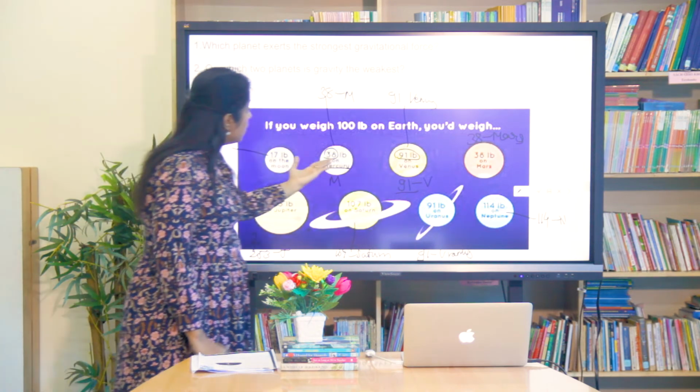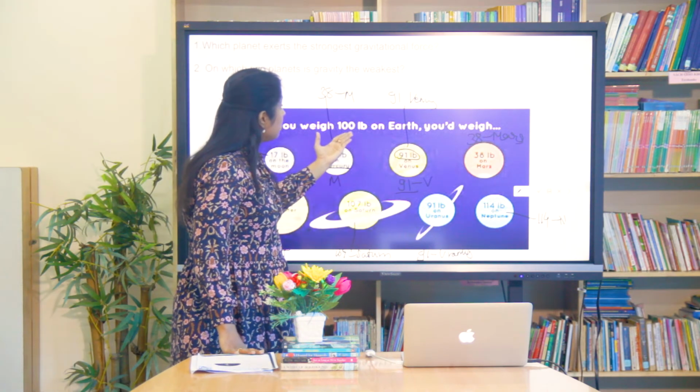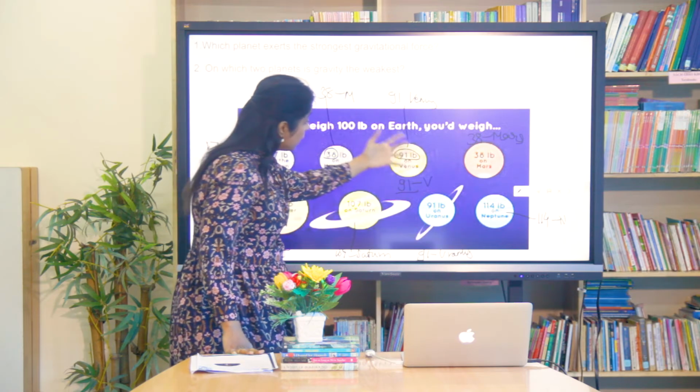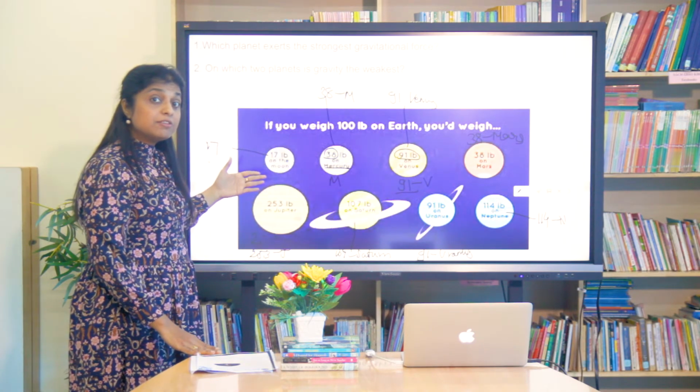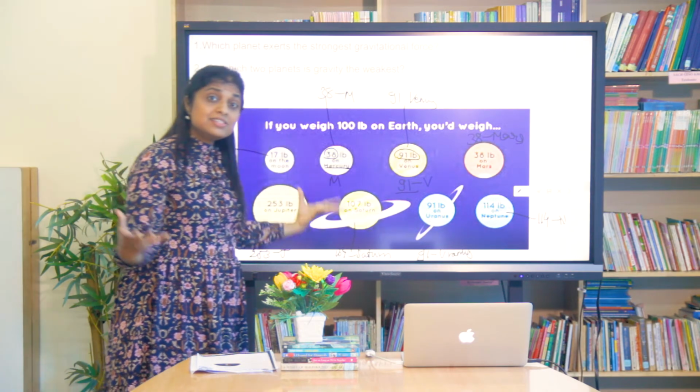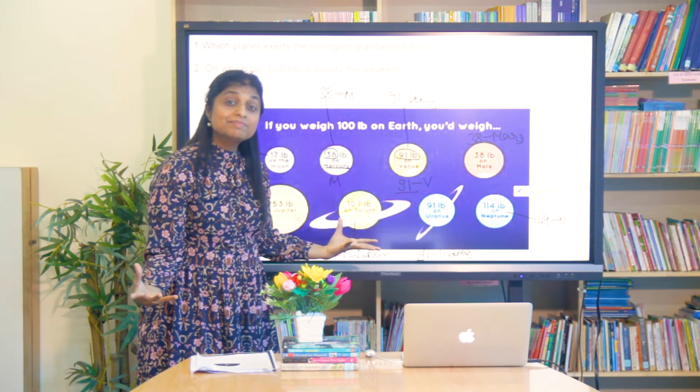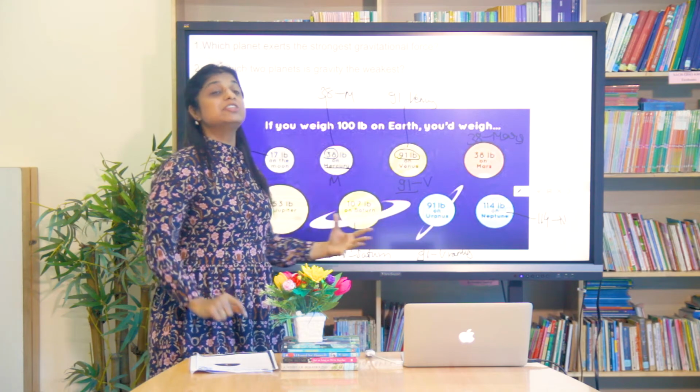So if you weigh 100 lb on Earth, you are weighing different weights on different planets, and that is just related to gravity.